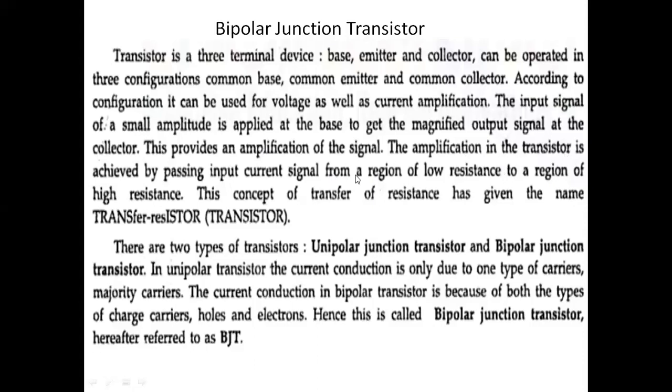The amplification in a transistor is achieved by passing the input current signal from a region of low resistance to a region of high resistance. So amplification is possible by going from a low resistance region to a high resistance region. This concept is known as transfer resistor.